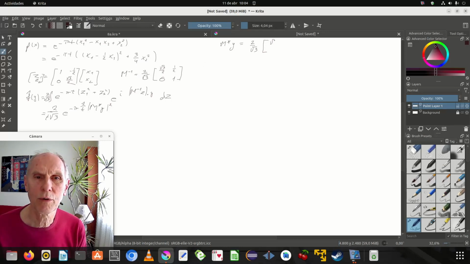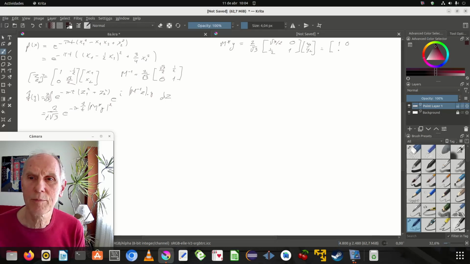Yeah, we'll do it one step at a time. Square root of 3 halves, 1 half, naught, 1. I'll just multiply it in, I think. Unity, naught. 1 divided by square root 3. 2 divided by square root 3.